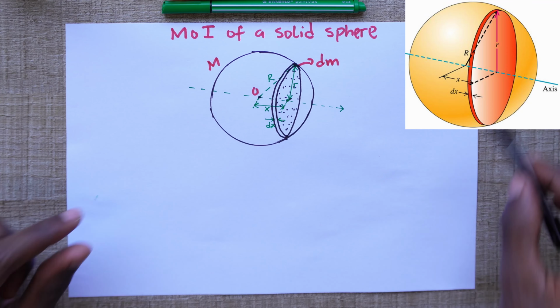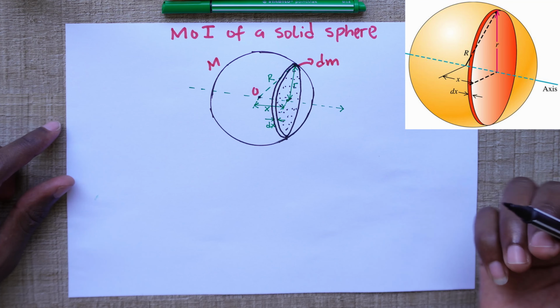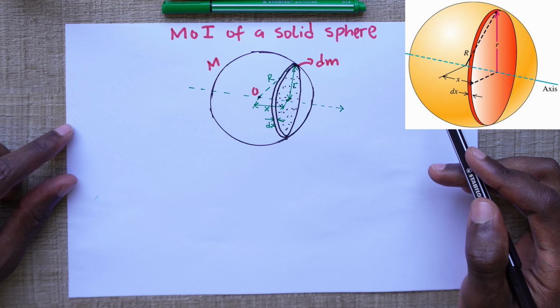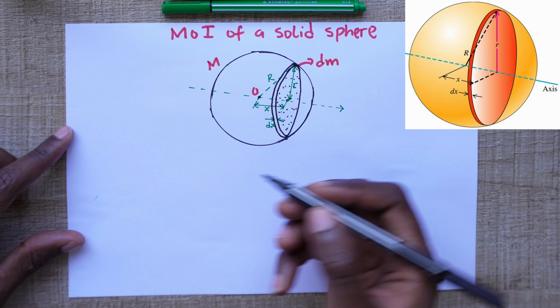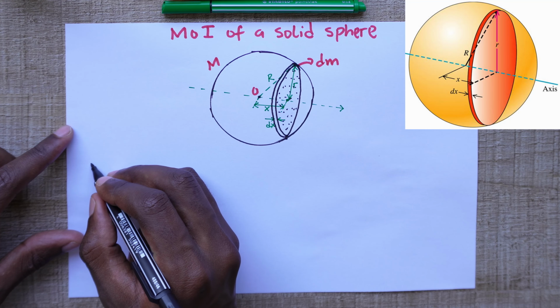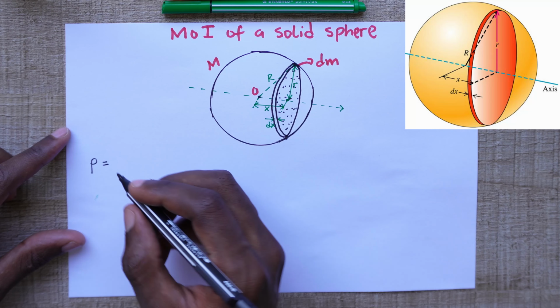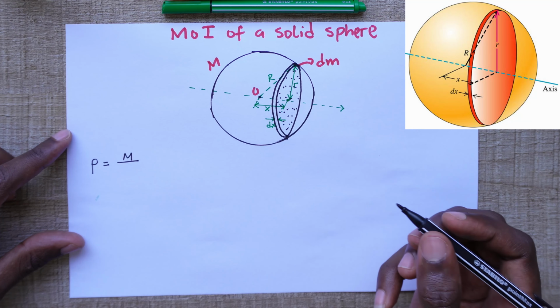So the first thing we can do here is to write the expression for the volume distribution of this sphere, as well as that of the element. If we call that distribution rho, it is the mass per unit volume of the sphere. So it's the mass of the sphere over its volume.